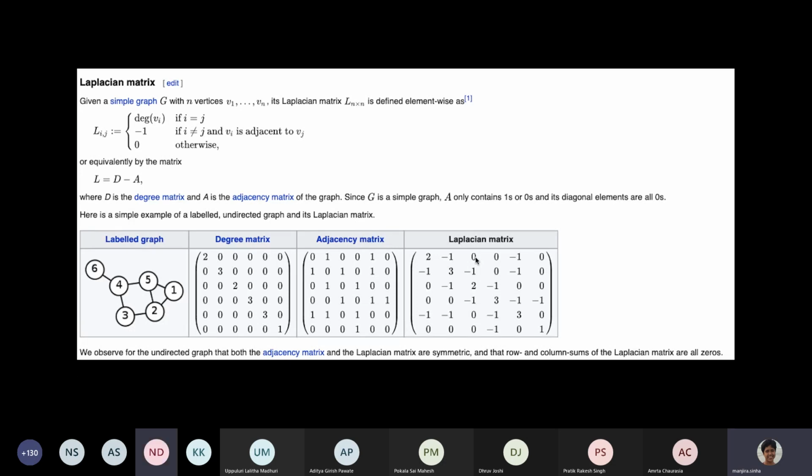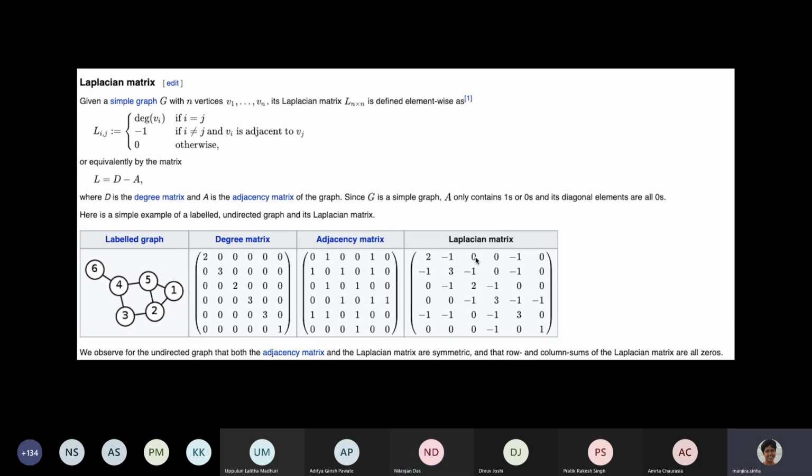Yes. So in case of weighted graphs, it will be Lij equals the weight of the edge between i and j if Vi is adjacent to Vj. Yes, because then the degree is defined as the sum of the weights, right? I am talking about the adjacency matrix.